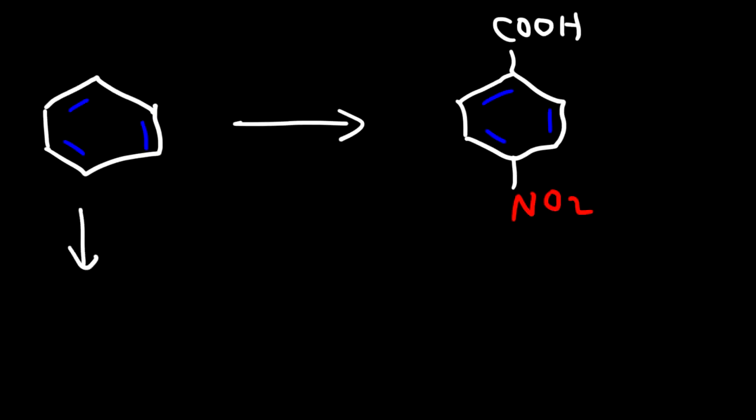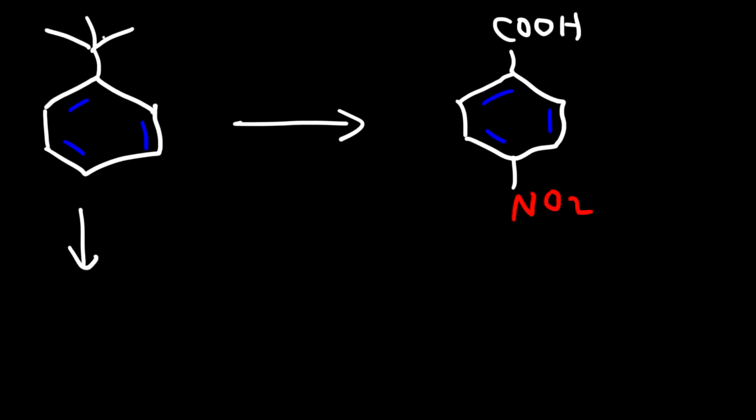So what type of alkyl group do we want to add? If we add a methyl group, we're going to get a mixture of products. We're going to get the ortho product and the para product. So what can we do to increase the yield of the para product over the ortho product? Well, the answer is to use a bulkier group.